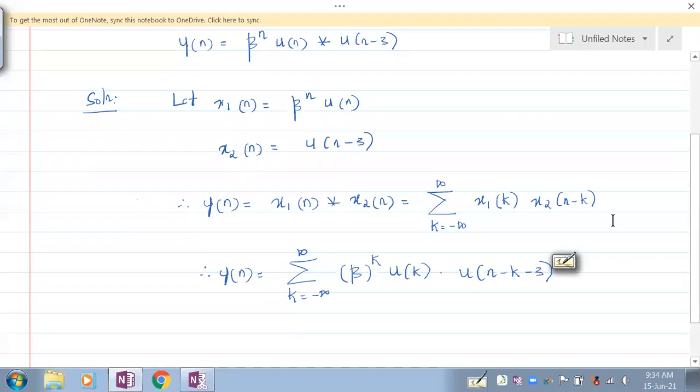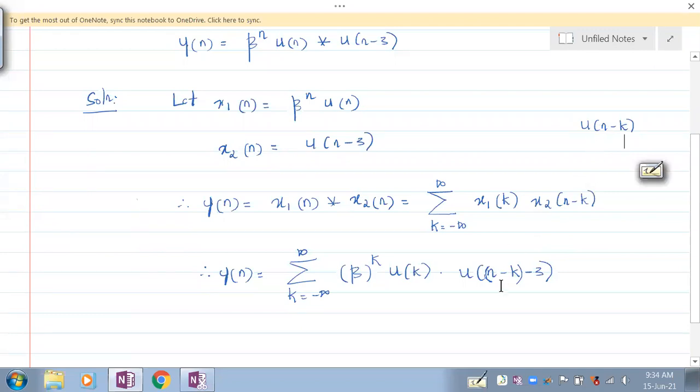Where there is n, we have substituted that n as n minus k. It's just that. Till now in all the problems, we have dealt with something like u of n minus k as the second signal. So let's bring this also in a particular form.